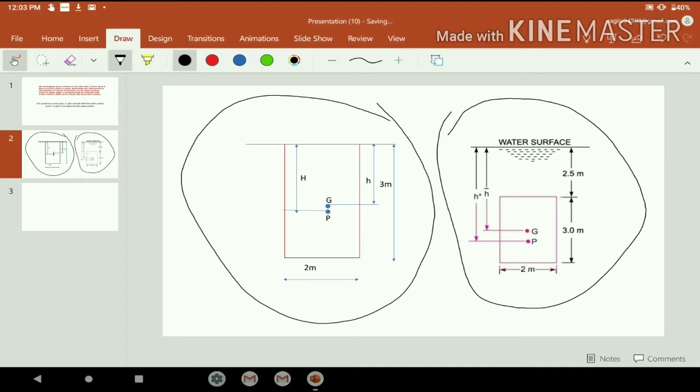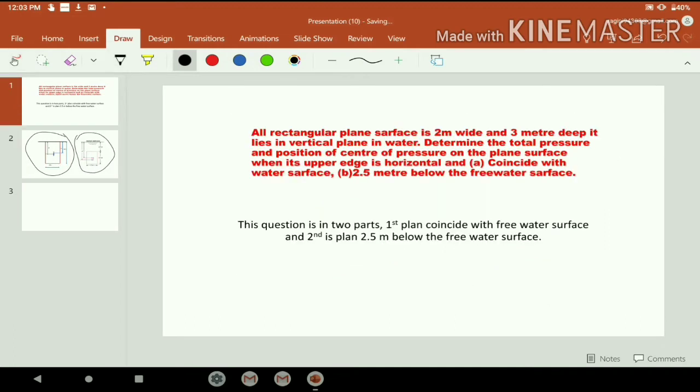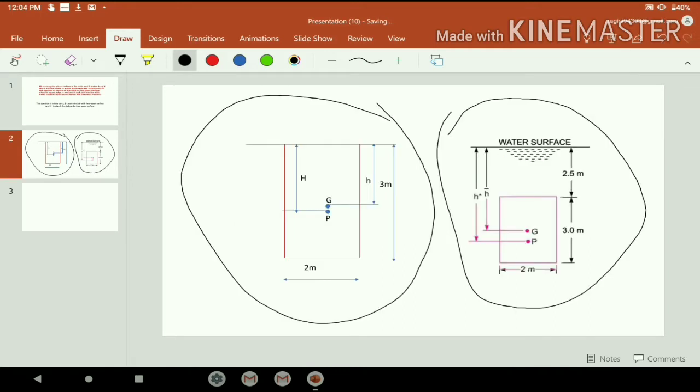The first question is when the horizontal surface coincides with the free water surface. This black line is the free water surface, and this is a plane of 3 meter by 2 meter. G is the position of the center of gravity, and P is the position of total pressure.